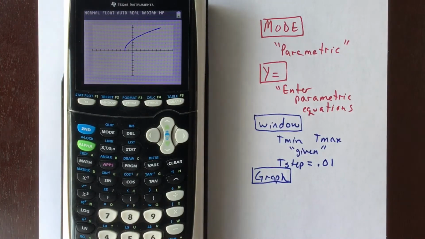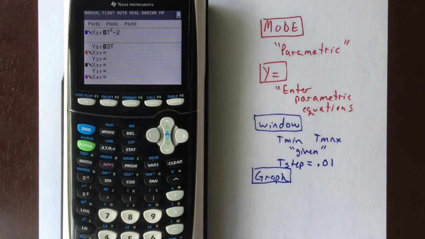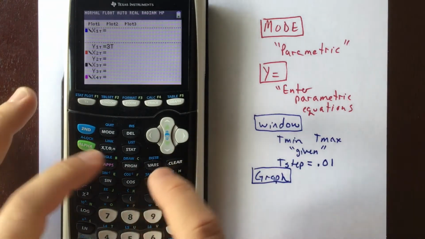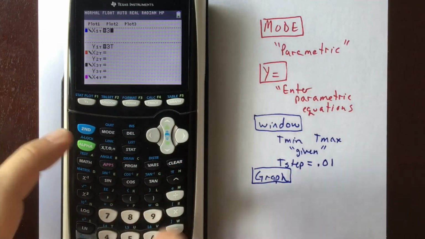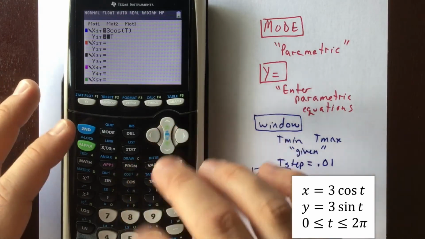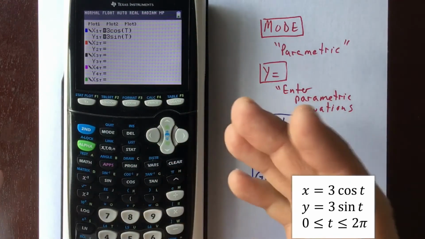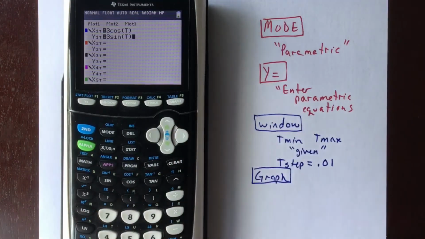Okay, so let's see, what's our next one we have? X equals 3 cosine t and y equals 3 sine t. It's important to note our interval. Our interval is from 0 to 2 pi.